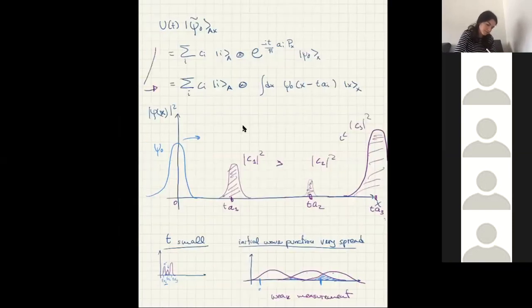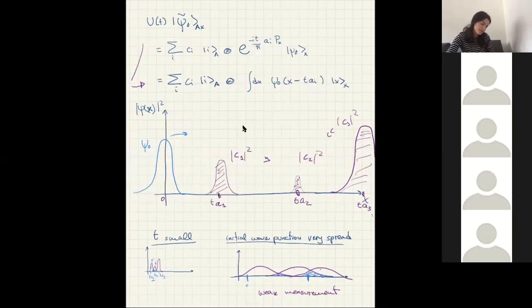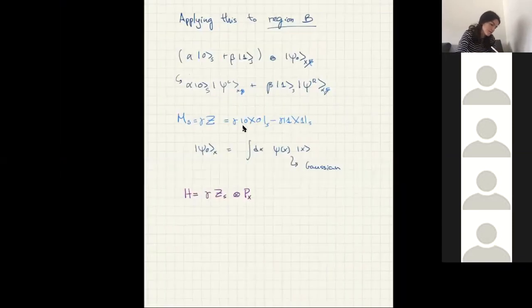Then if we just apply this, we get e to the minus i t over h bar gamma σz p_x applied on our state.